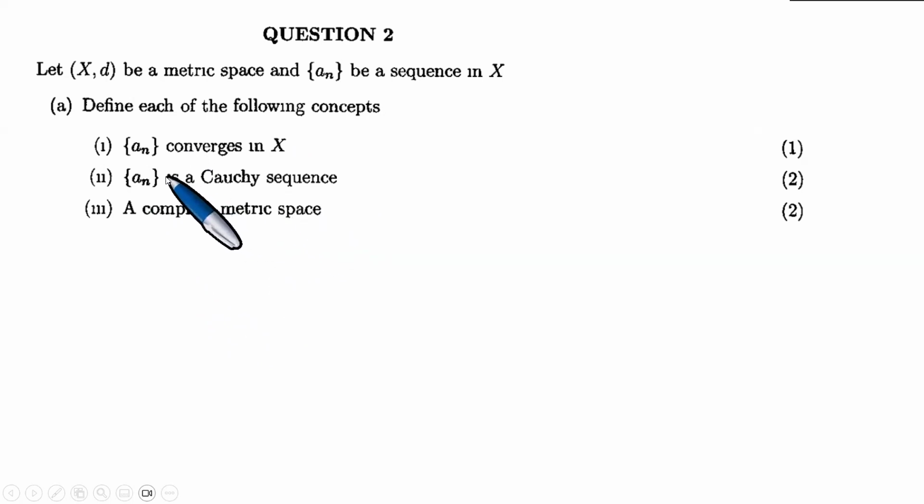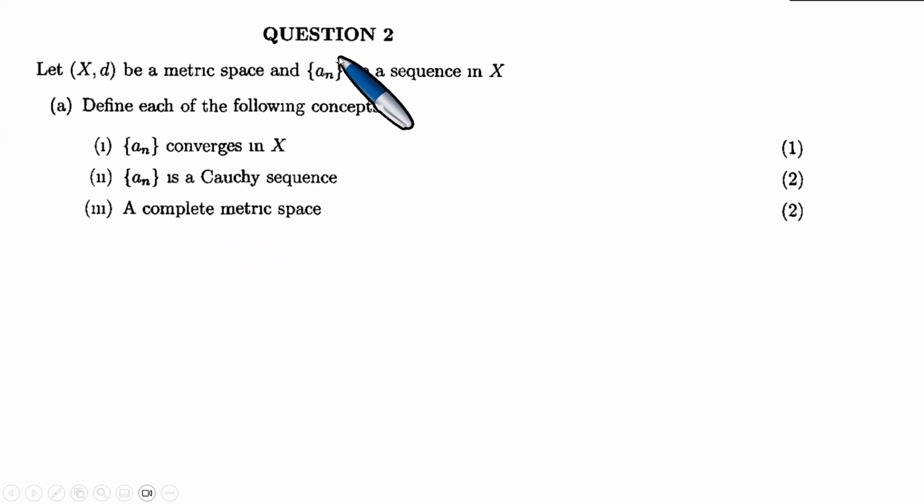Define a Cauchy sequence. The reason for the many definitions is simply that Cauchy sequences themselves and complete metric spaces are concepts you need to learn first. So it is very important, therefore, to learn this.